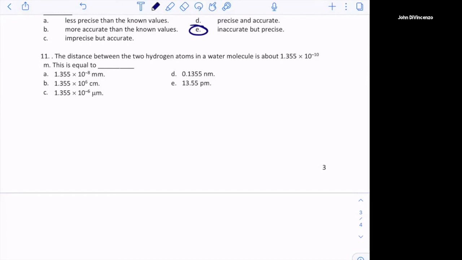Who said that? D as in dog, correct, right? Times 10 to the 9 nanometers per meter is going to give you 10 to the minus 1. That is 10 to the minus 1. That's the correct answer.